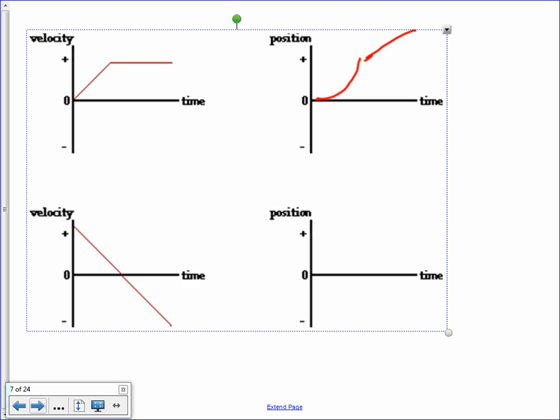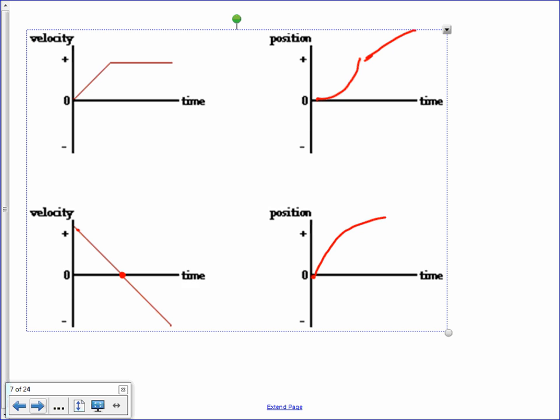Now what's going on here? Velocity is decreasing, decreasing, decreasing. At some point it's zero. What does that mean? It means we're stopped. So the position, well, we don't really know where we started, but let's say that we started at zero. And we're moving really quickly, but now we're slowing down, slowing down, slowing down.